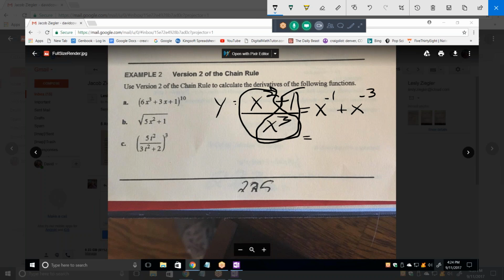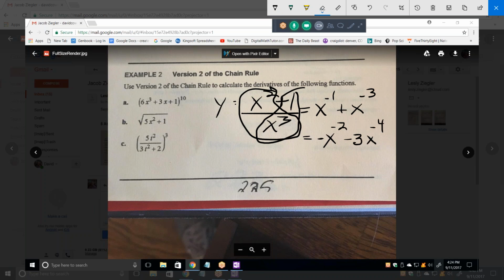And now, what's the derivative of that? I don't need a quotient rule. What's the derivative of x to the minus 1 plus x to the minus 3? Negative 1x to the negative 2 power, and then plus negative 3x to the negative 4th power. That's the answer. In other words, I was able to use nothing but the power rule because I didn't have to treat this as a quotient. I was able to break it up into 2 fractions.